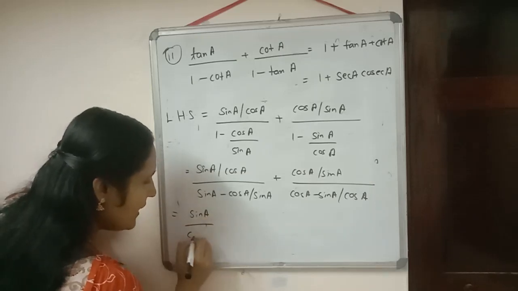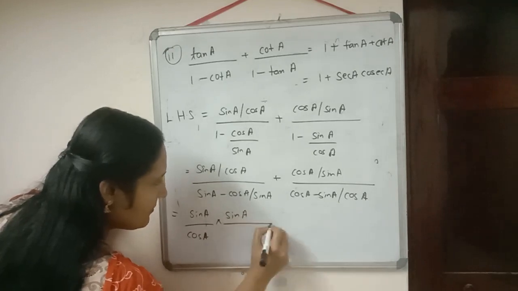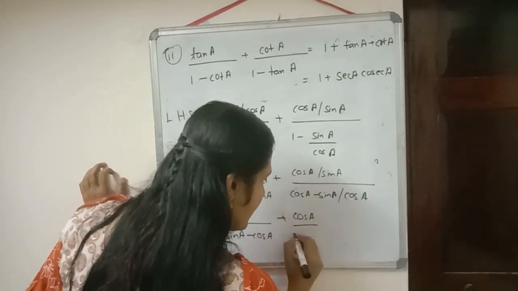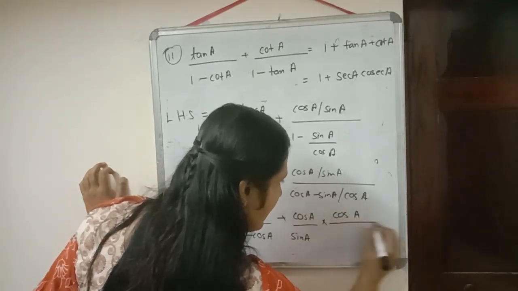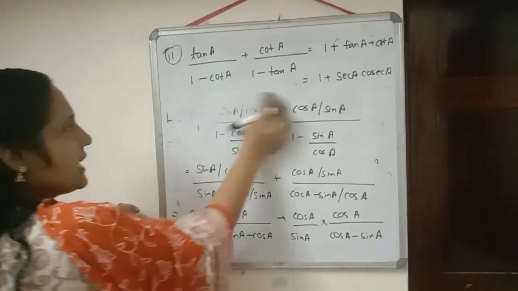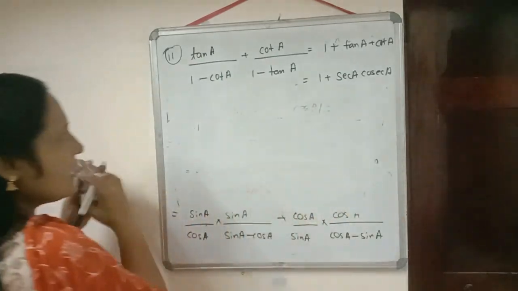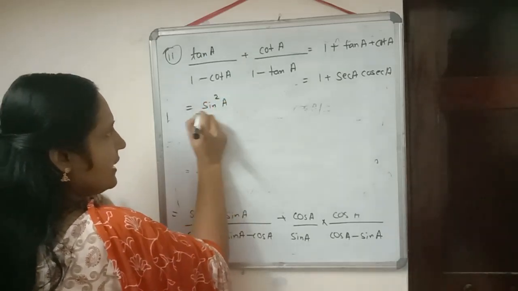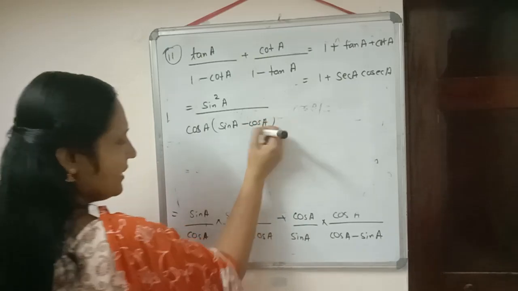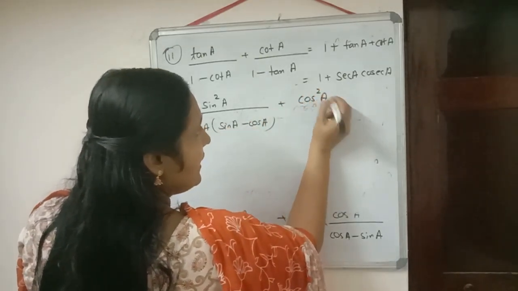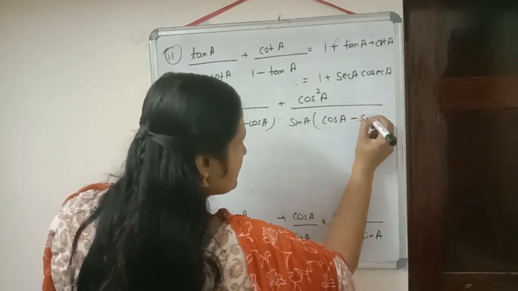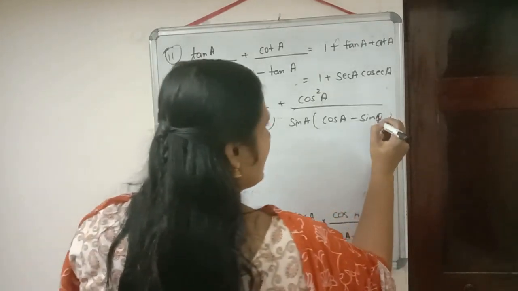Then we will get sin A by cos A into sin A by sin A minus cos A, plus here also cos A by sin A into cos A by cos A minus sin A. Now these two will be equal to sin square A. So just write down there sin square A by cos A into sin A minus cos A. Okay, then here we will get plus cos square A by sin A into cos A minus sin A.